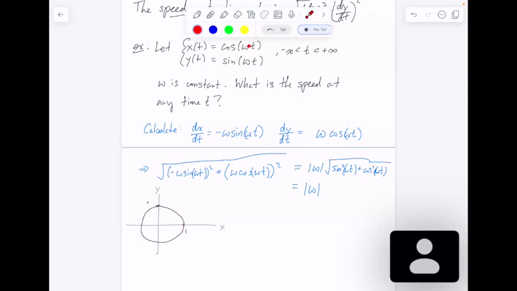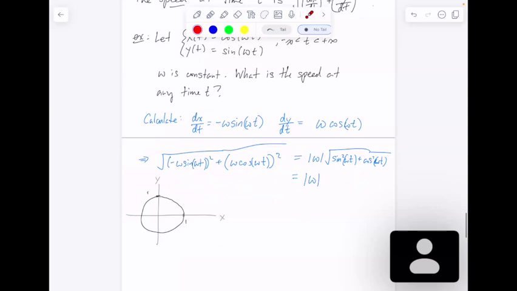So +1 and -1 in omega would control whether you go counterclockwise at speed 1 or clockwise at speed 1. And similarly, at +100 or -100, it controls whether you go clockwise or counterclockwise at speed 100. All right, so speed is one of the things that is reflected in different parameterizations as well.